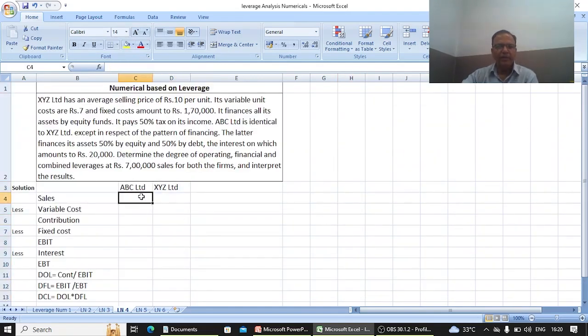Now, first of all, it was given to determine degree of operating, financial and combined leverage at rupees 7 lakh sales for both the firms. Sales is rupees 7 lakh, again 7 lakh. Variable cost: here it is given that average selling price is rupees 10 per unit.